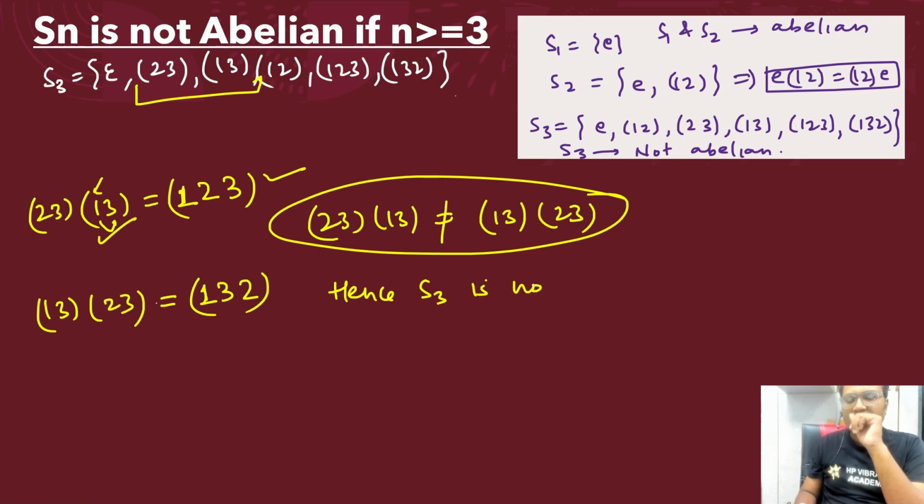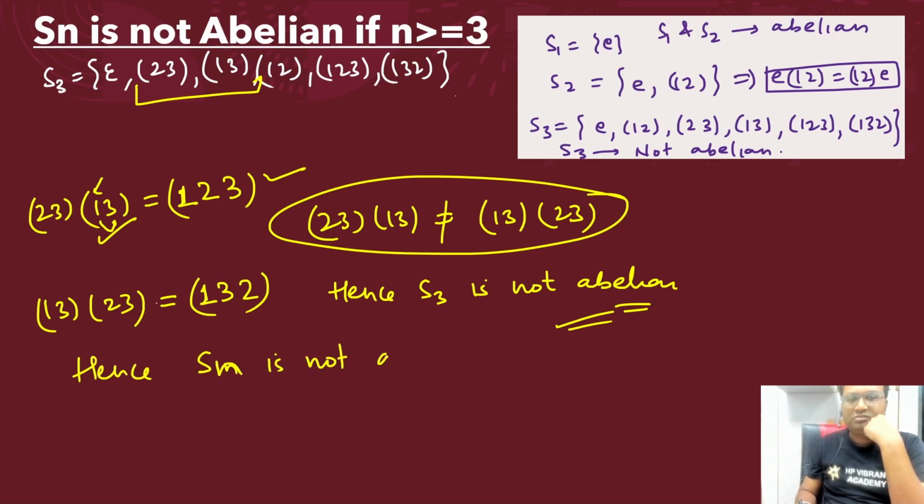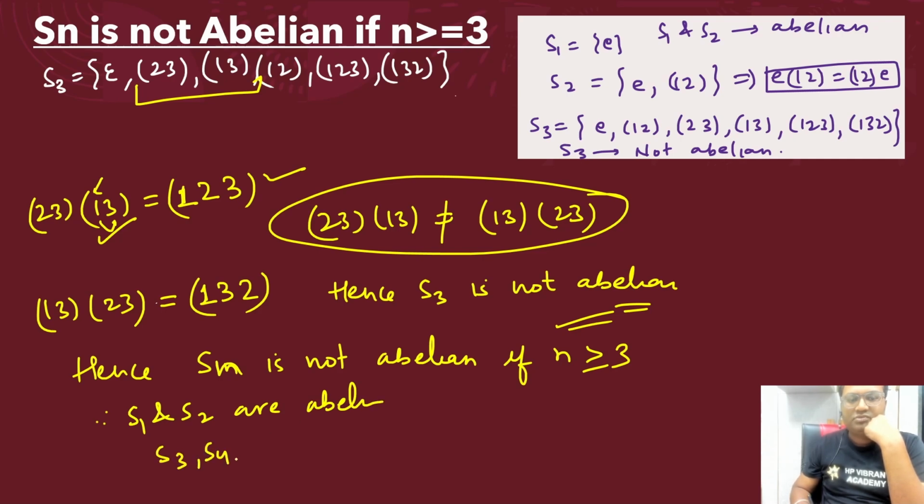So Sn is not abelian if n is greater than or equal to 3. We considered that S1 and S2 are abelian, while S3, S4, and Sn for n greater than or equal to 3 are not abelian.